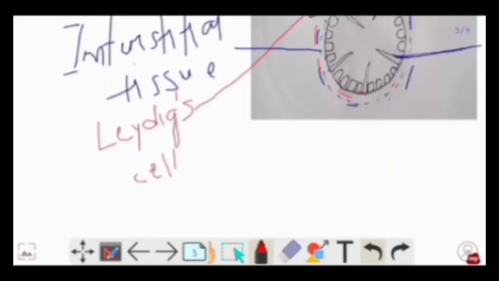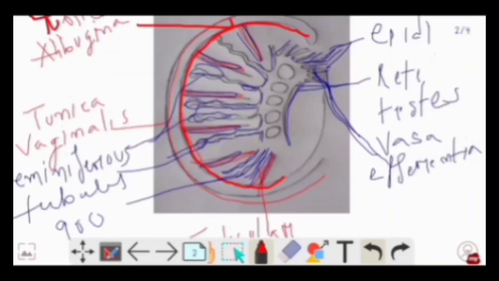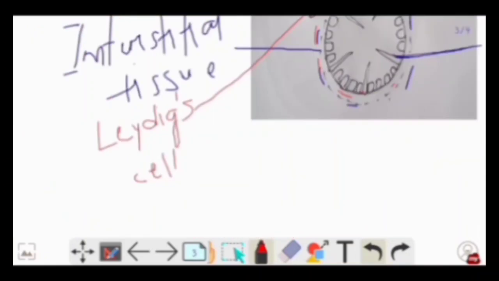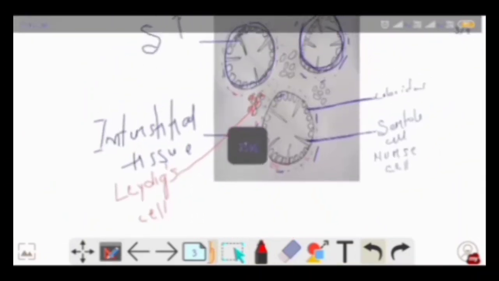So we have understood the internal structure of the testes and also the section of the testes in which sperm production takes place, that is the seminiferous tubules.